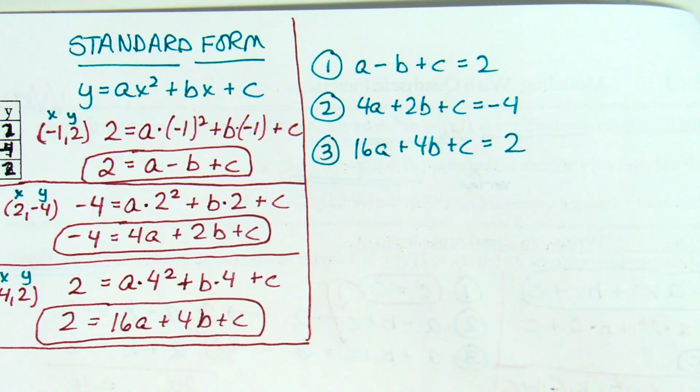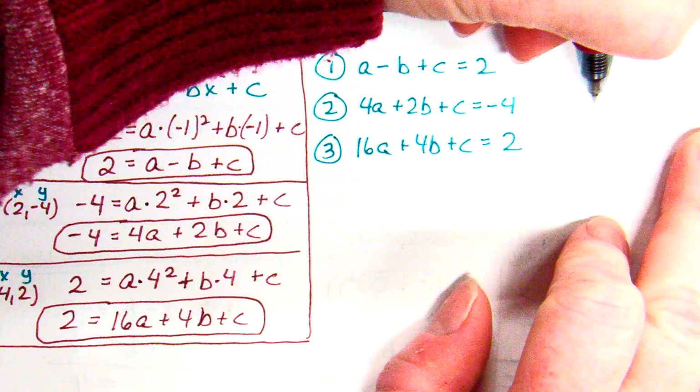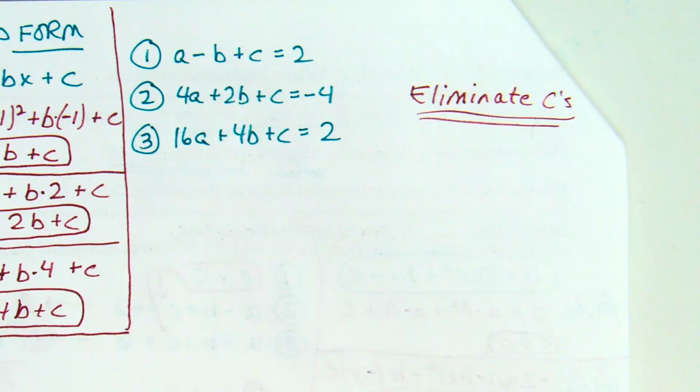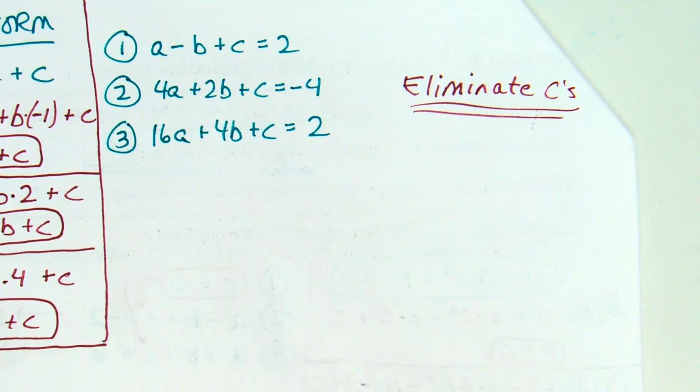Again, is there a right or wrong answer? No. Okay? Yes. Well, okay, but is there a right or wrong path? I mean, again, I guess there can be wrong paths, but you know what I'm trying to say. So, honestly, on these problems, guys, I'm always going to say eliminate C. My opinion is always going to be that we want to eliminate our C's, because you're always going to have plus C on all 3 equations.